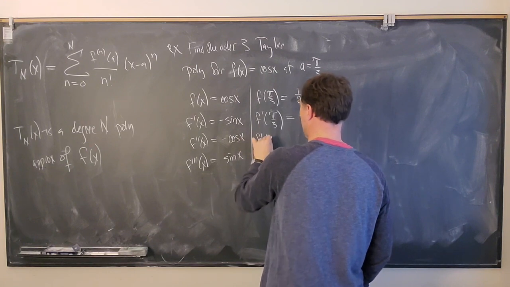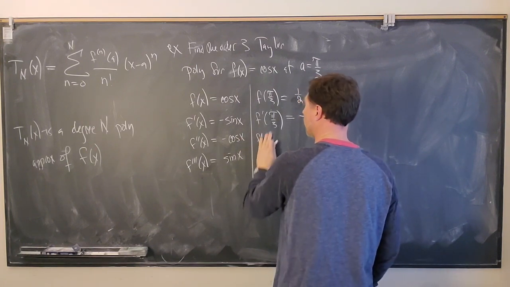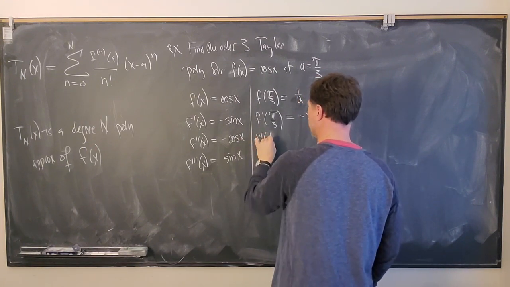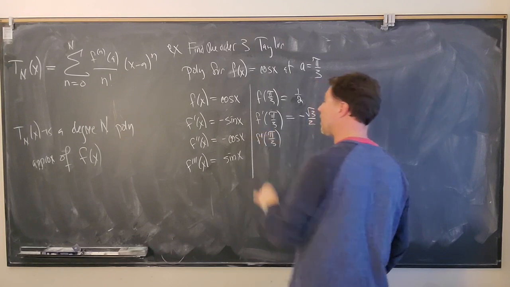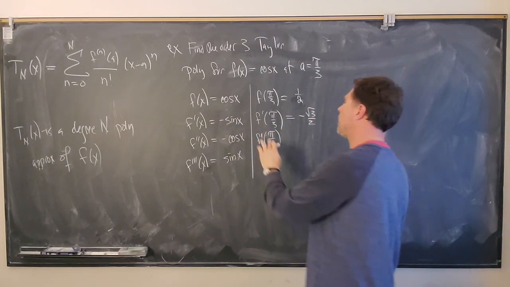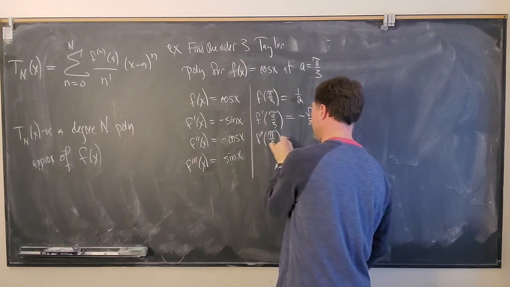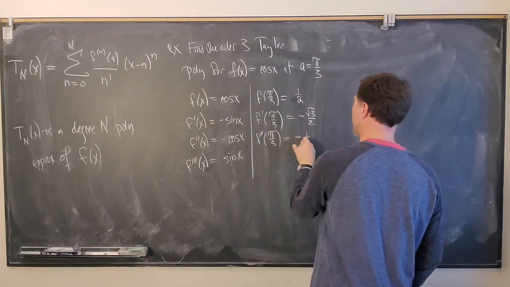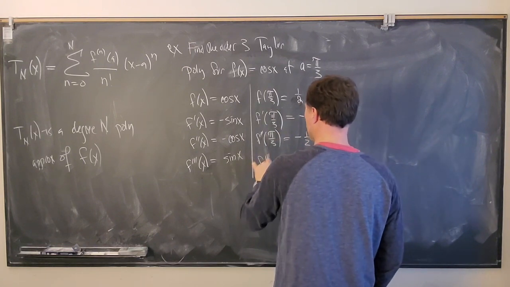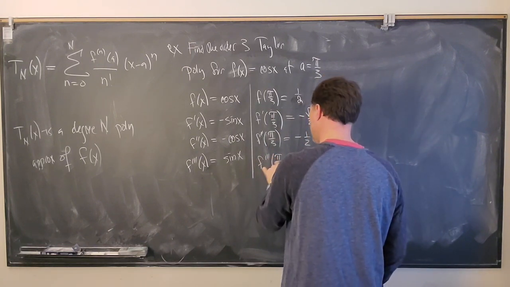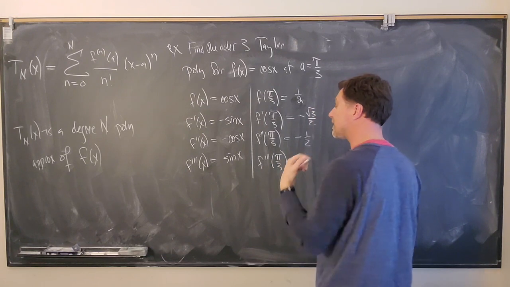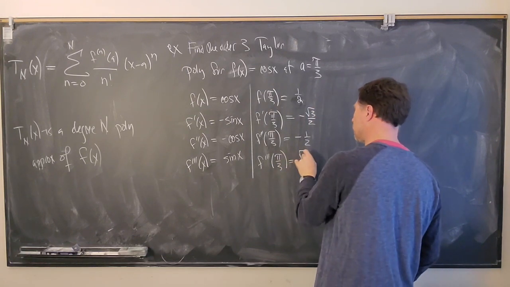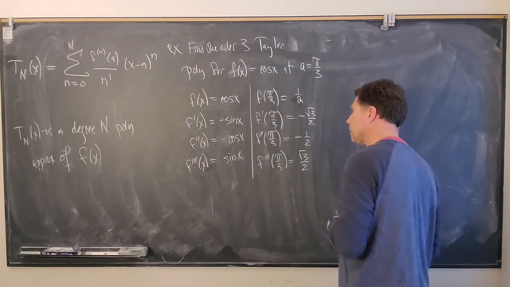F double prime of pi over 3, sorry, I keep saying that wrong, that's going to be negative cosine of pi over 3, so that will give us negative 1/2. And then finally, f triple prime of pi over 3 is the sine of pi over 3, which is root 3 over 2.